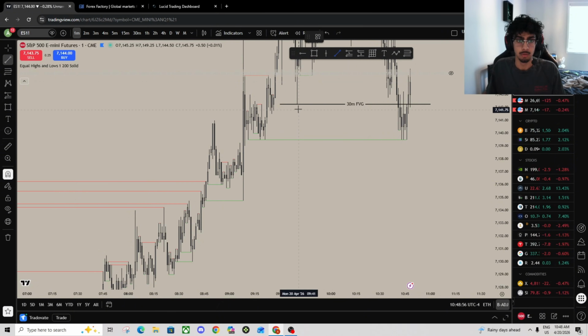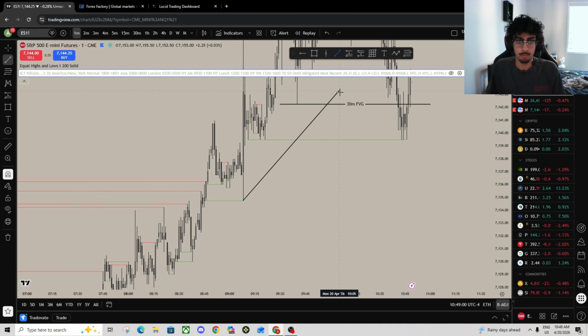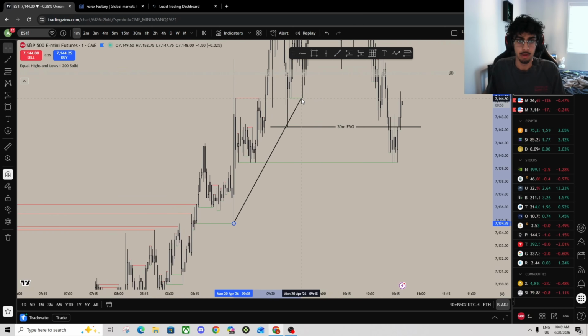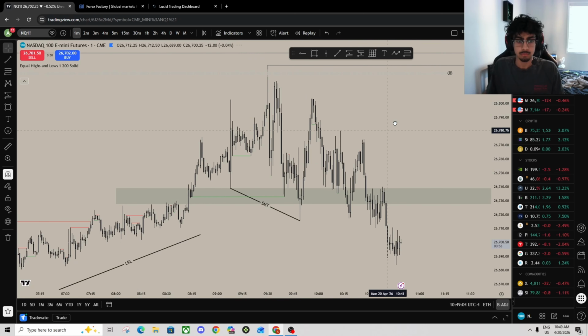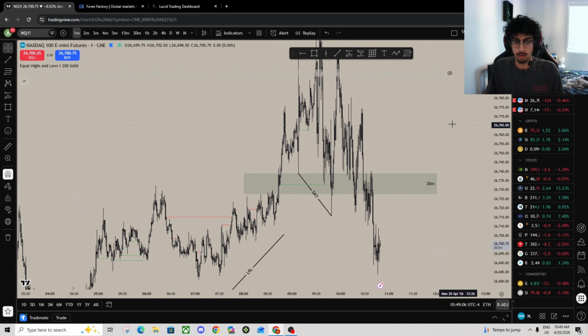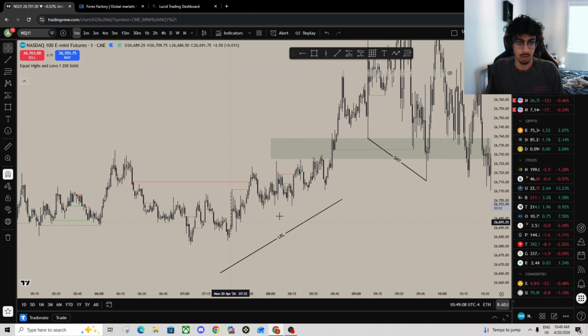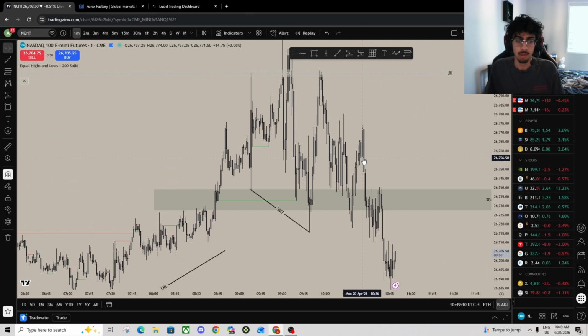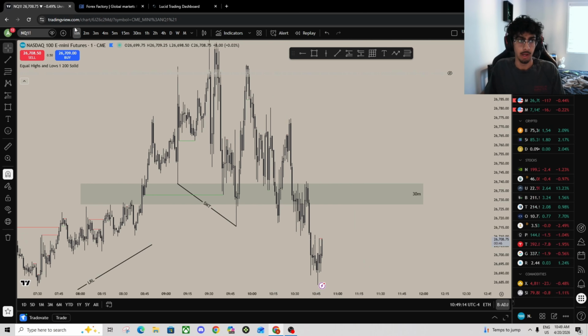Right here. ES didn't sweep it, but NQ did. So that protected our stop loss. So that's why I didn't really care about this low resistance liquidity. And we're just in all-time highs, so it's really clear we're gonna go higher.